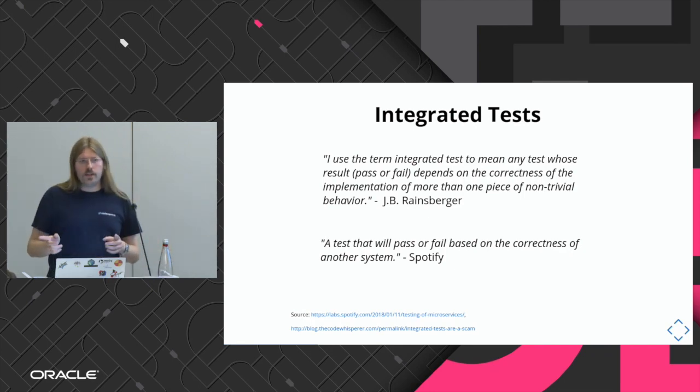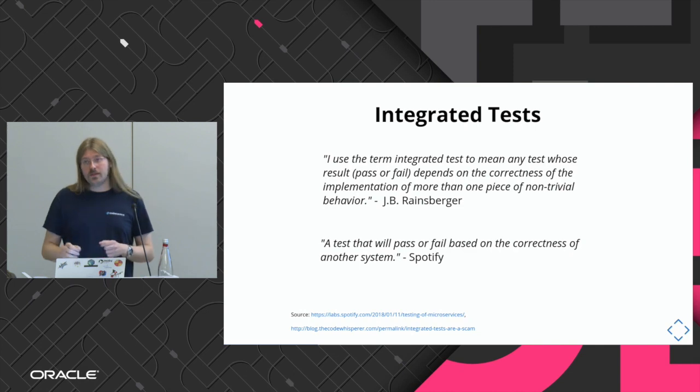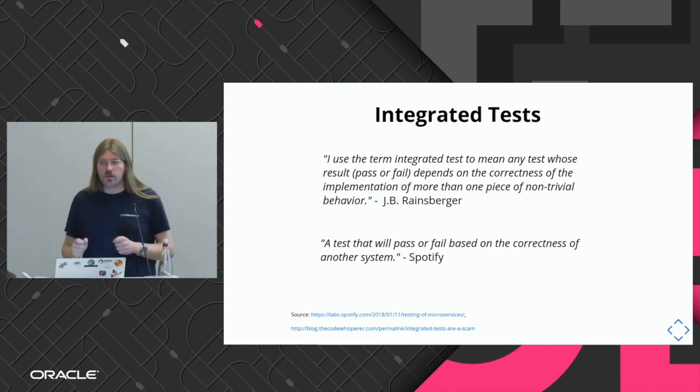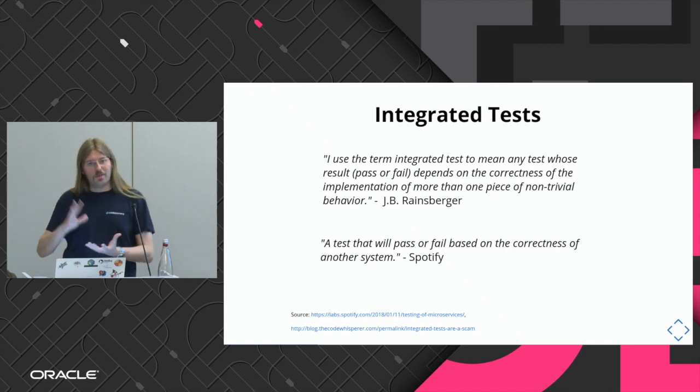He said an integrated test is defined as follows: I use the term integrated test to mean any test whose result, pass or fail, depends on the correctness of the implementation of more than one piece of non-trivial behavior. Which we can compress the way Spotify described it: a test that will pass or fail based on the correctness of another system.